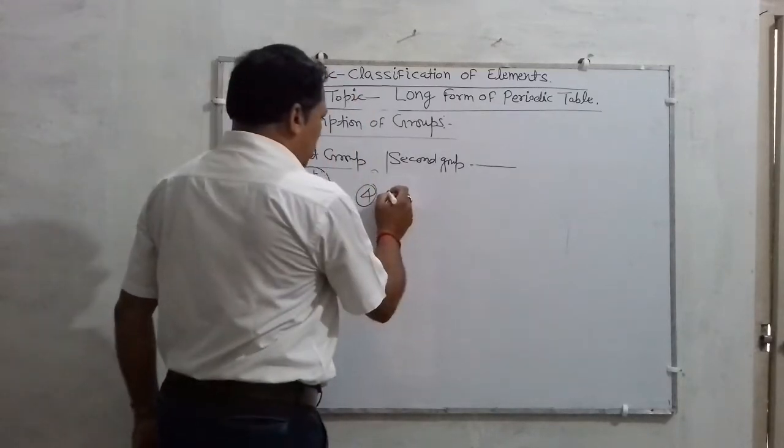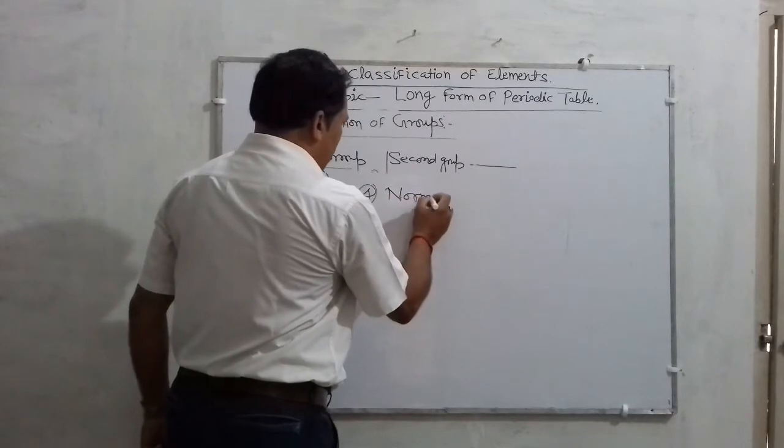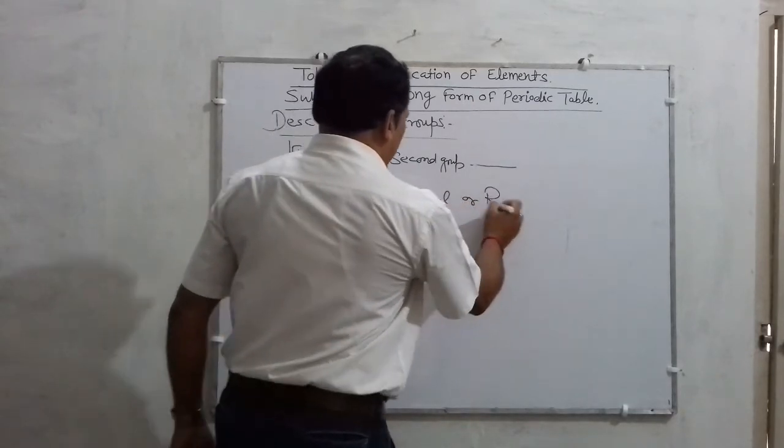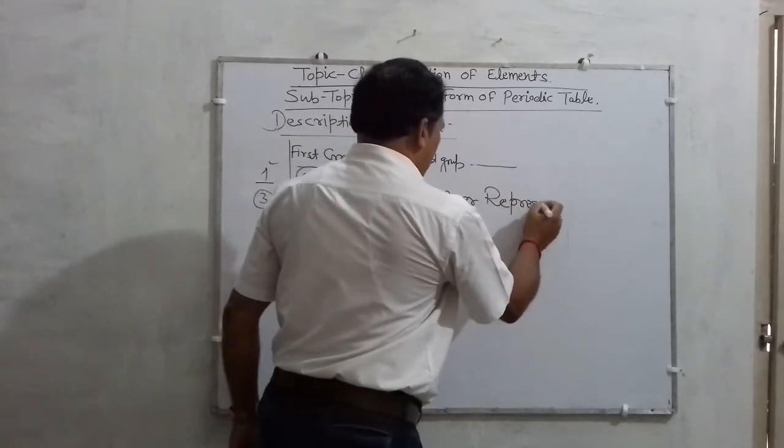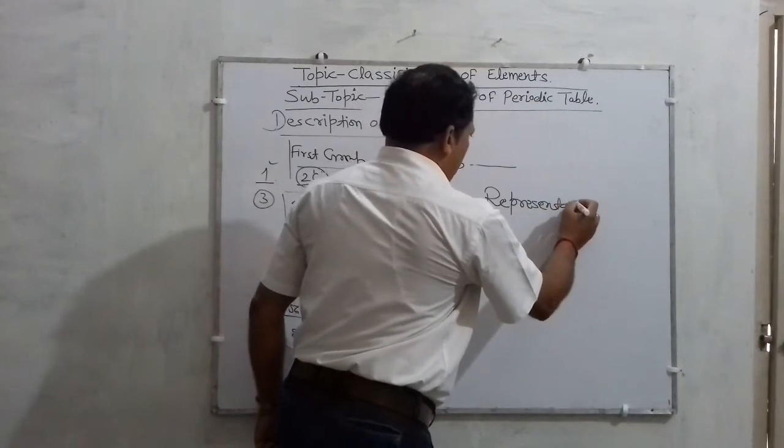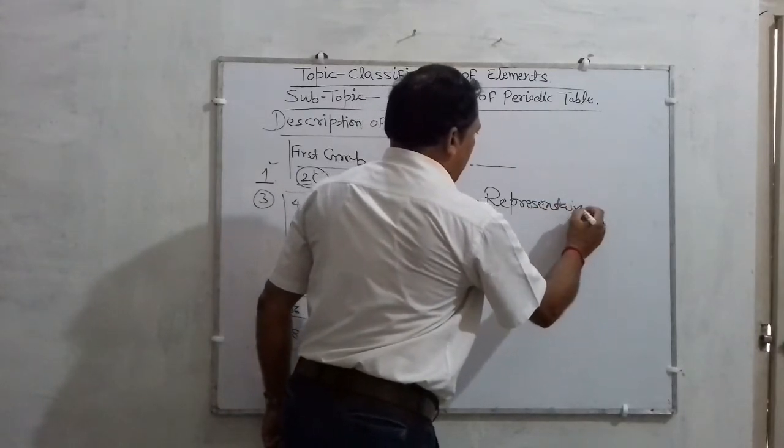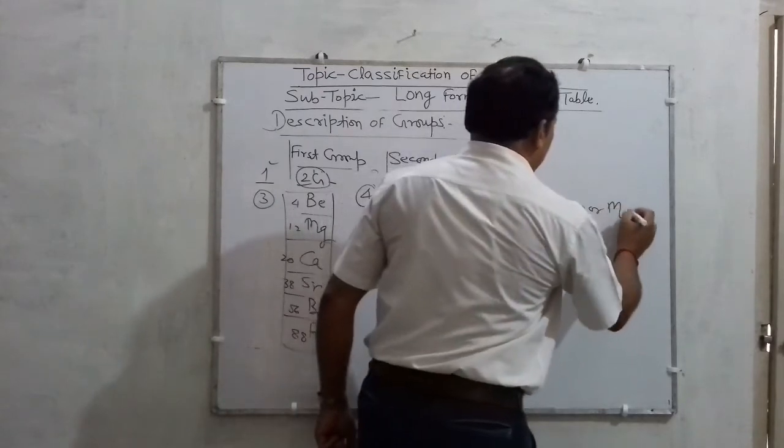They are named as normal or representative or main group elements.